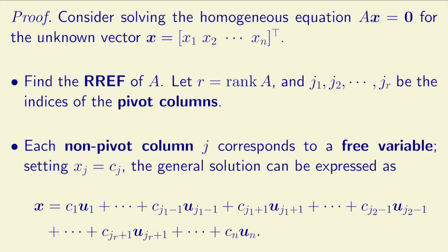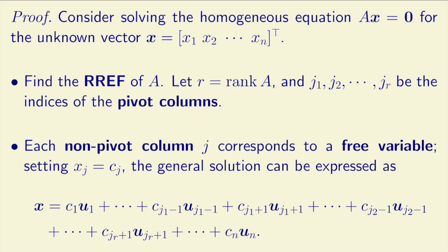Great question. When we have the RREF, the variables that correspond to the non-pivot columns are called free variables. We can set these free variables to be any value, which we represent with parameters like C1, C2, and so on. Then we use the equations from the RREF to express the variables from the pivot columns in terms of those free variables.